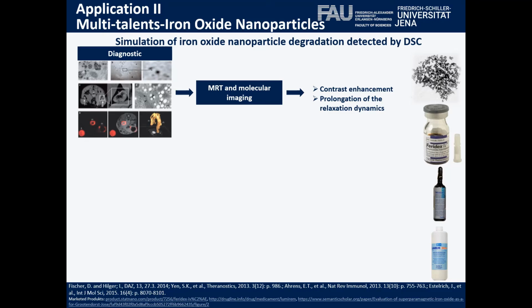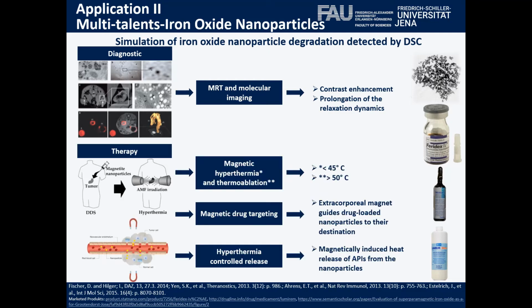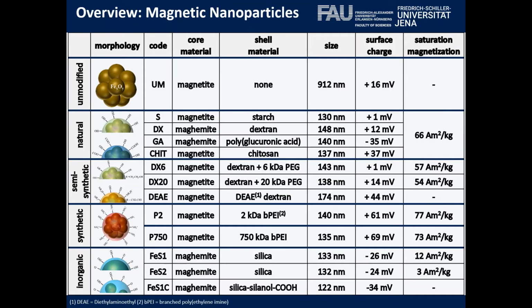There are many products on the market, and you can also use it for the therapy, especially for cancer therapy, to induce magnetic hyperthermia, for magnetic drug targeting, or hyperthermia controlled drug release. Here we have an overview of our magnetic nanoparticles.